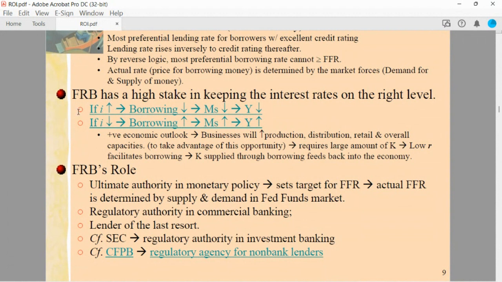Again, Fed funds. Now the Fed funds rate is only the short-term interest rate.